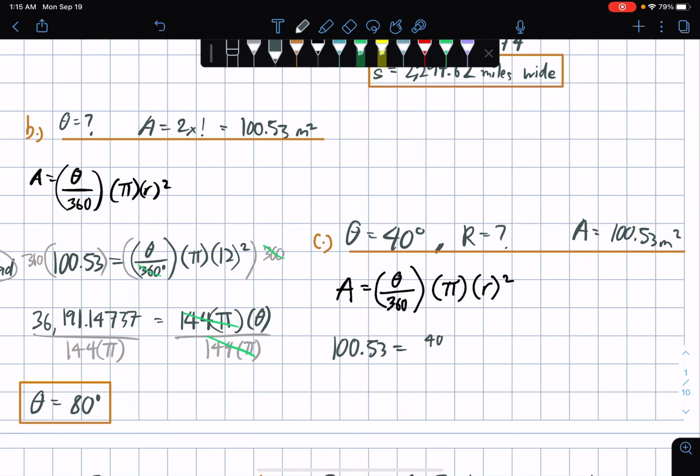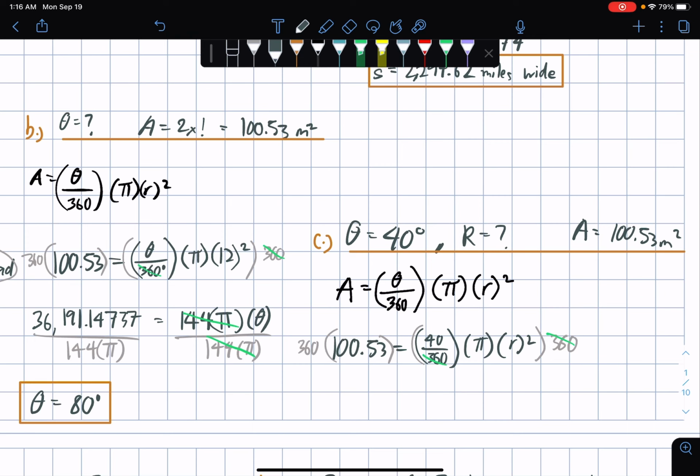So we have 40 over 360 times pi times radius raised to 2. Again, multiply both sides with 360 to leave nothing in the denominator.